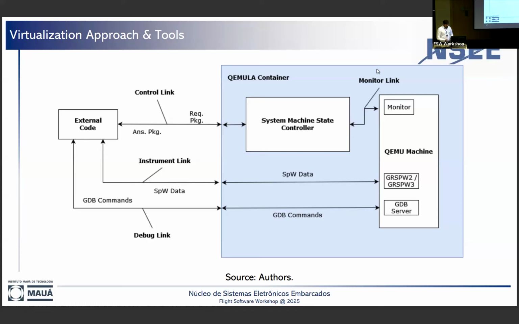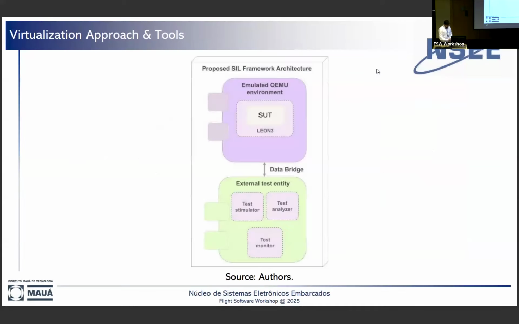So just to give an idea of what we are creating, this is another diagram showing the proposed software development architecture. You have the emulated environment with your system under test, and you have a data bridge with external code that can act as a test simulator, test analyzer or test monitor, so it can send specific commands, register them, and see if it's responding to the telemetry correctly and everything that you need.